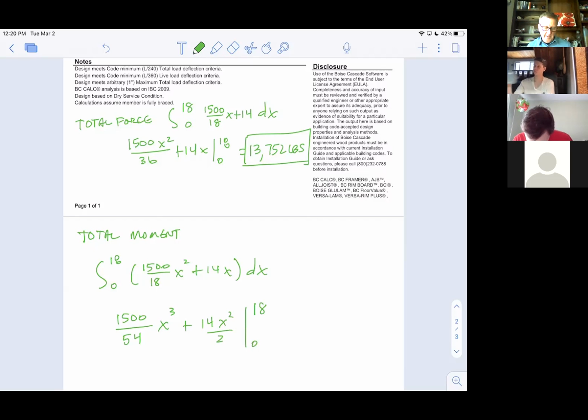Let's see what I get when I put 18 in there. 1,500 times 18 raised to the 3rd, divided by 54, plus 7x squared. That's right. I got 164,68. That would be foot-pounds.